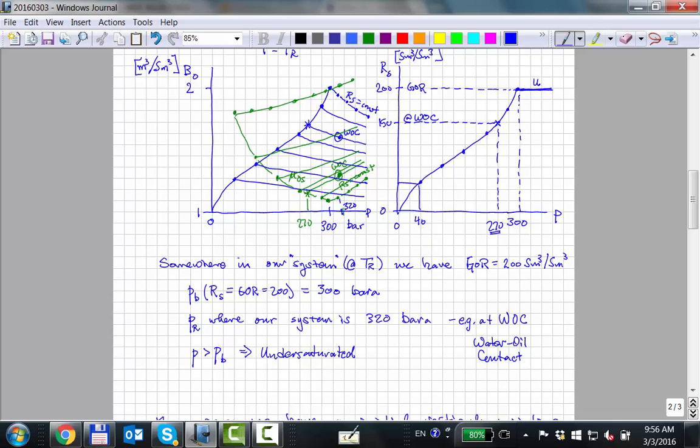Sorry, 50 bar, maybe that's the lowest table value. Let's say the GOR is 40. That's the lowest one. That's the one up here. So along this line, the GOR is constant at 40.